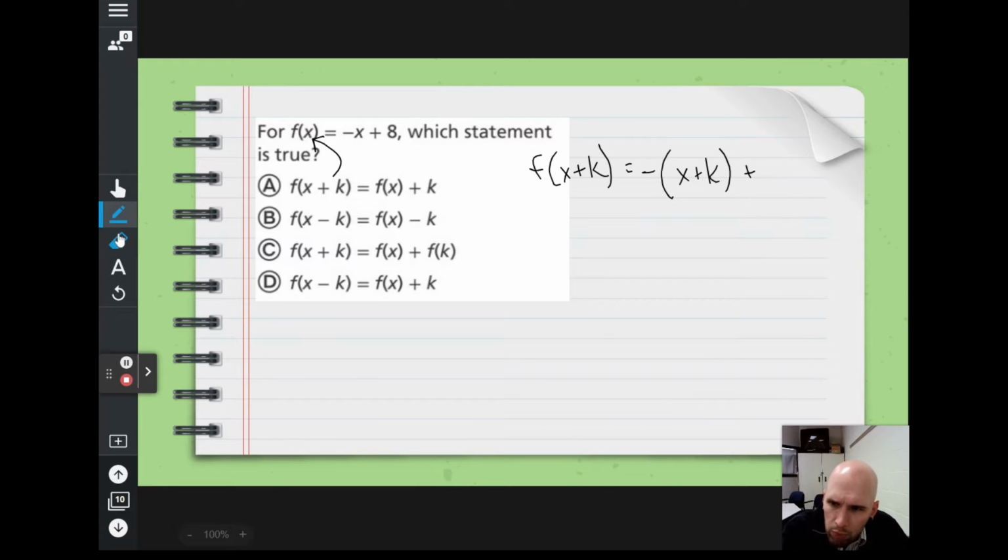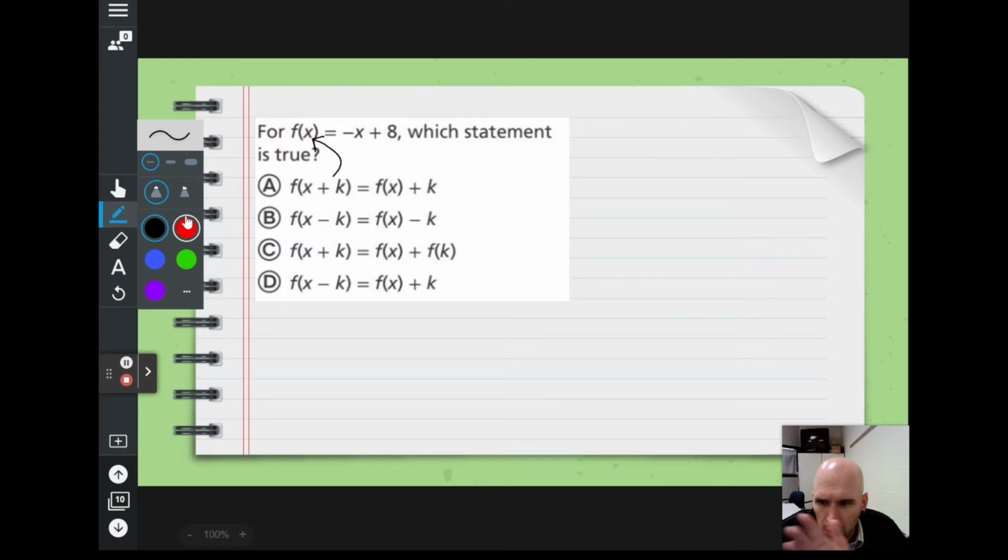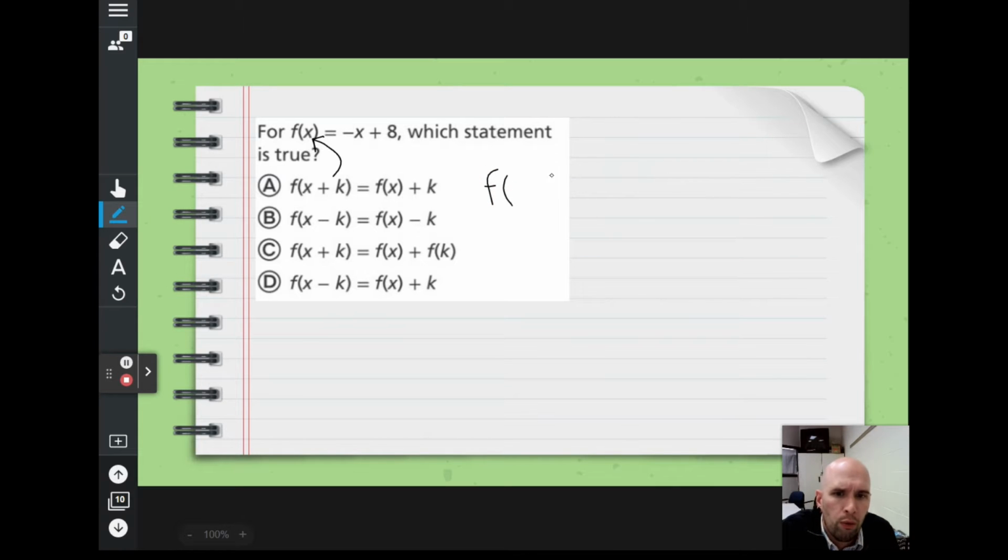So let's simplify this a little bit. I have all these colors over here, so let me use them. I'm going to have to write out f of x a bunch of times. So f of something equals negative something plus 8.